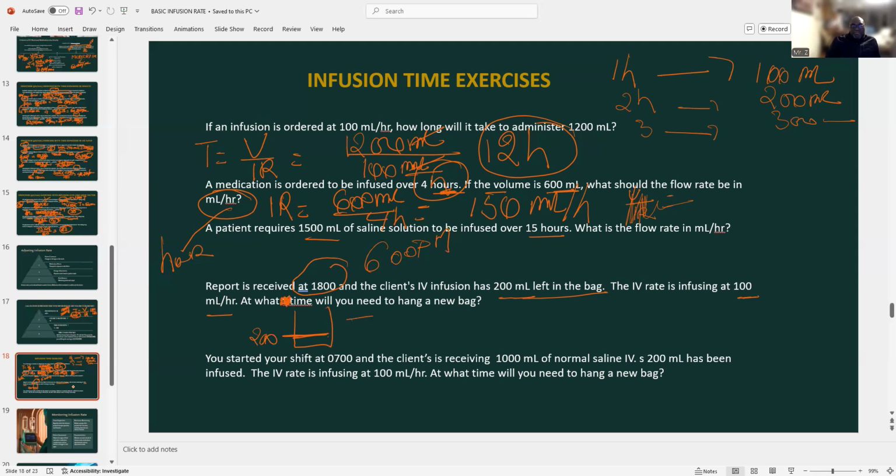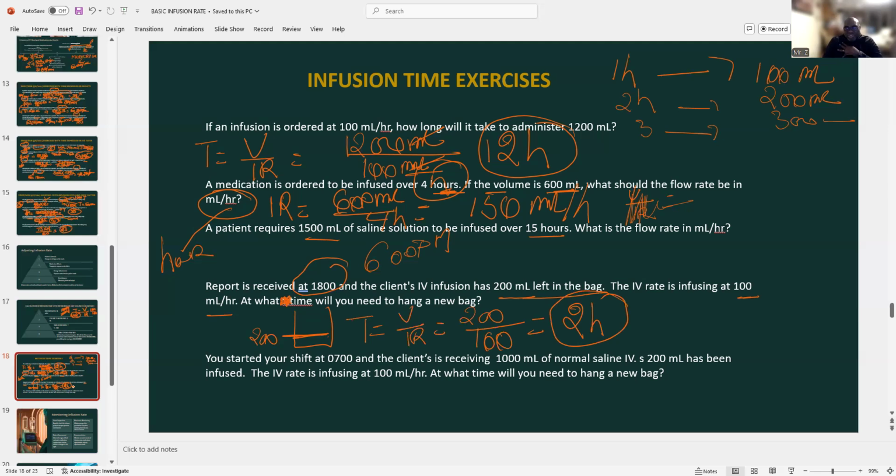So the time equals volume divided by infusion rate. Your volume is 200 divided by infusion rate. The infusion rate is milliliter per hour, 100. Divide that by 100, and I have 2 hours. Now, I'm not done yet. The question was when I will hang the new bag.